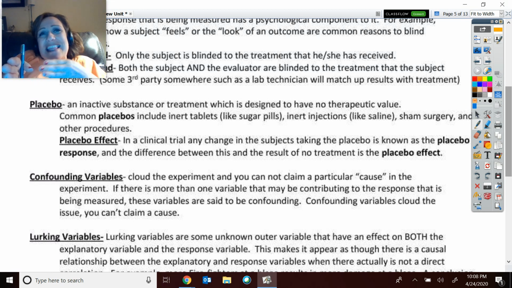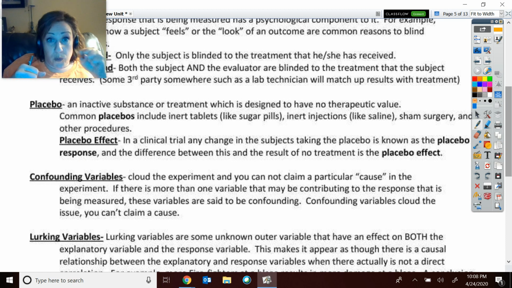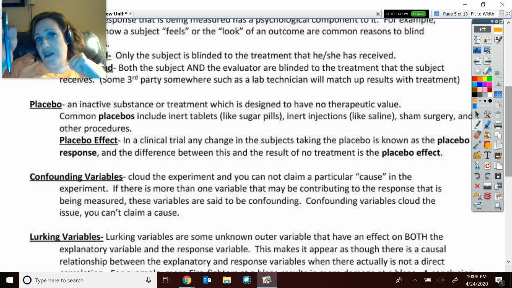Like, I think I feel better just because I'm taking a pill. So then what I would do is compare the real pill's results to the placebo's results. Okay, not to necessarily nothing at all.